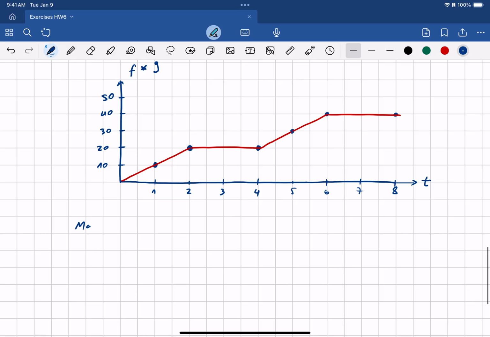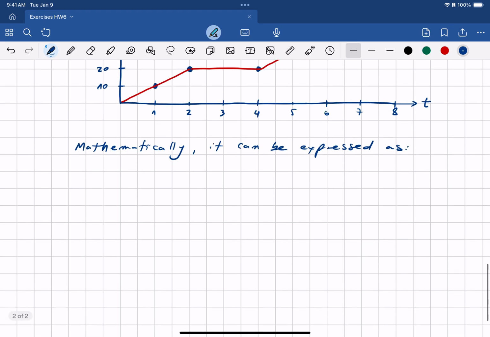Mathematically, it can be expressed as, and this is going to be kind of an ugly thing, composed of many sections. So 10t, that's a slope, right? That's a slope at this point.